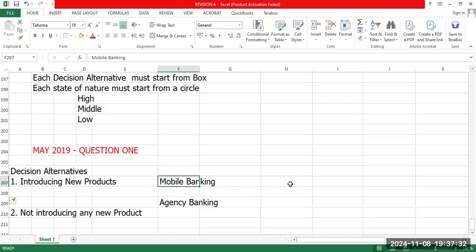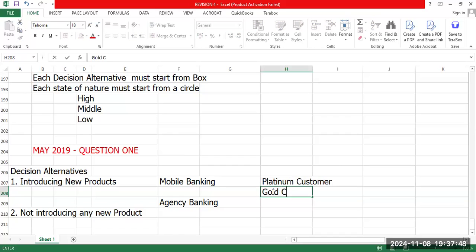For mobile banking, you expect platinum customers. You also expect gold customers. At what percentage? Platinum, based on the question we read, what is the percentage? 60%. Then gold, the balance, 40%.